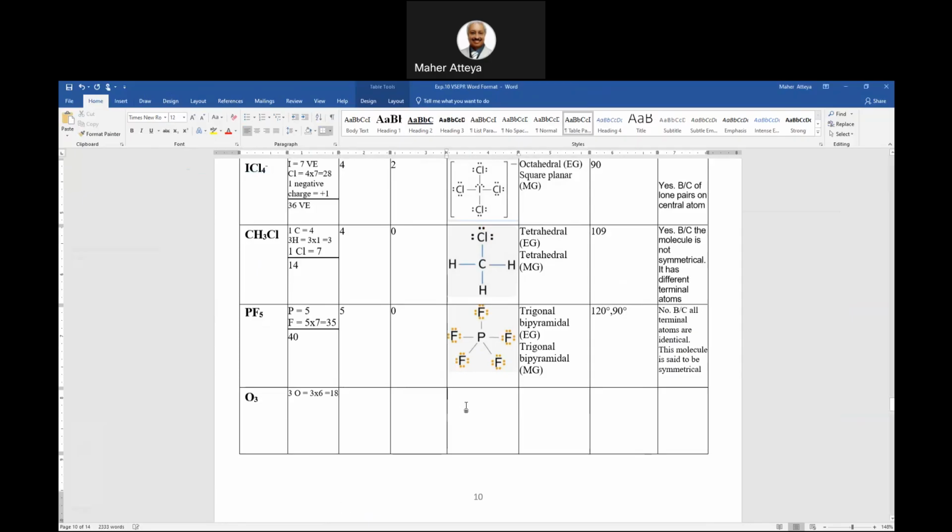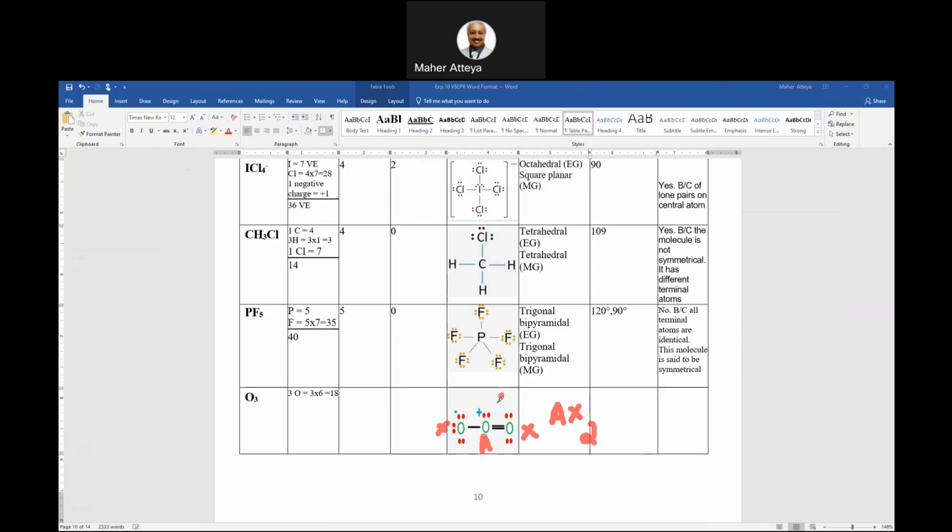So we are doing here the Lewis dot structure of ozone. We can even make it bigger so you can see. If you look at this, what will be the VSEPR code for this? This is A, and this is X, and this is X. So we have A, X2, correct? 2 terminals.